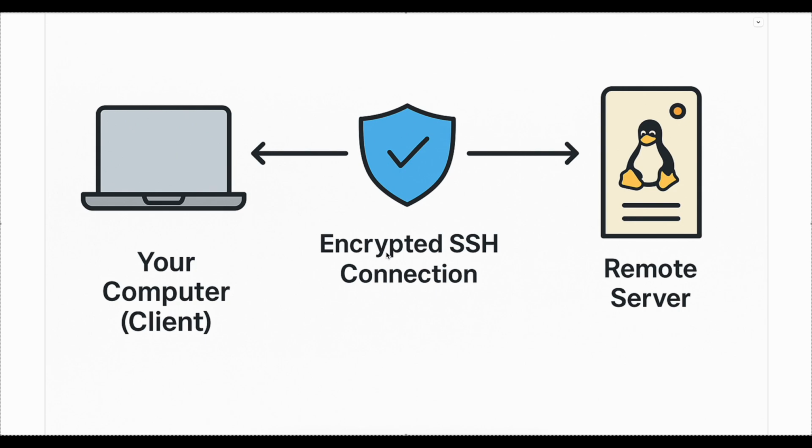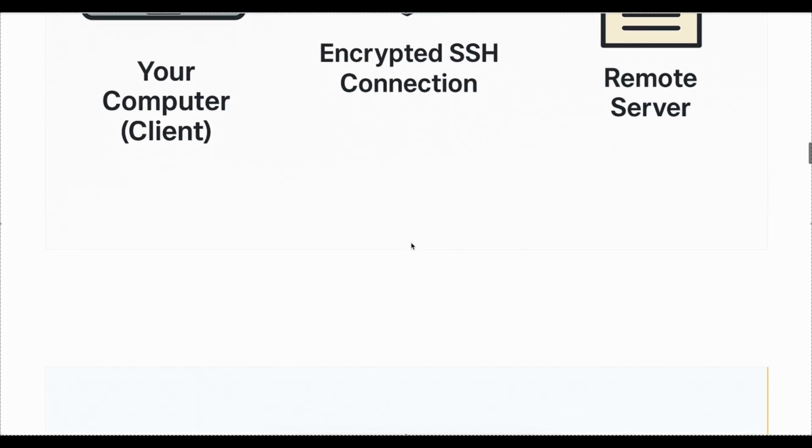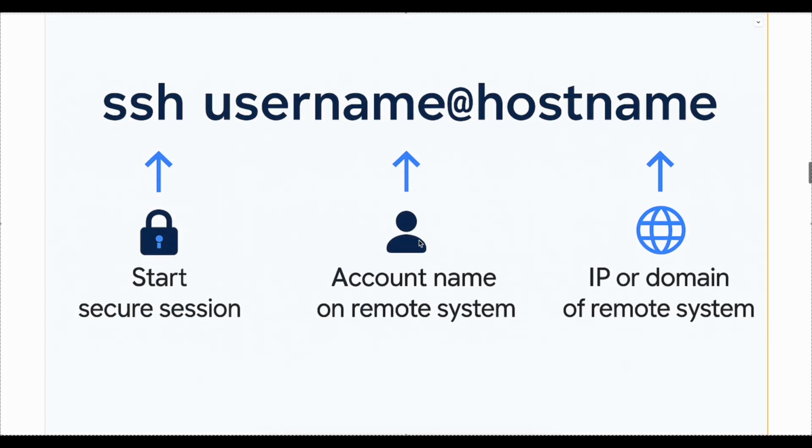But how do we actually start that connection? Let's look at the basic SSH command. This is the most common SSH command format. ssh username@hostname. Let's break it down. The first part, ssh, tells your computer to start a secure shell session.